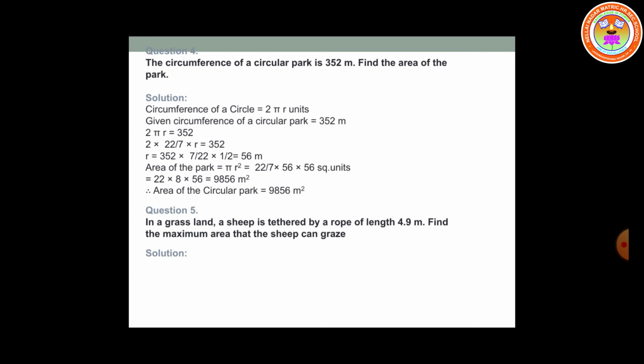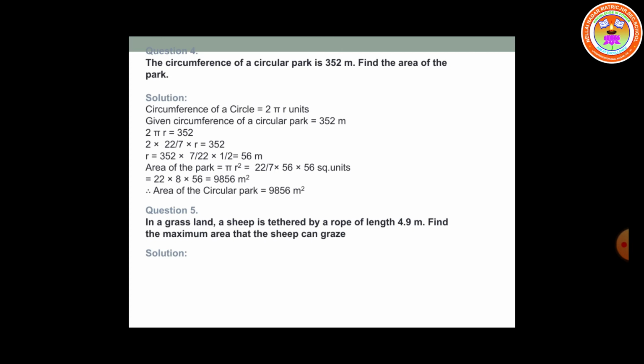r is equal to... so, find the area of the park. For the area of the park, we have to find the radius of the circle first.